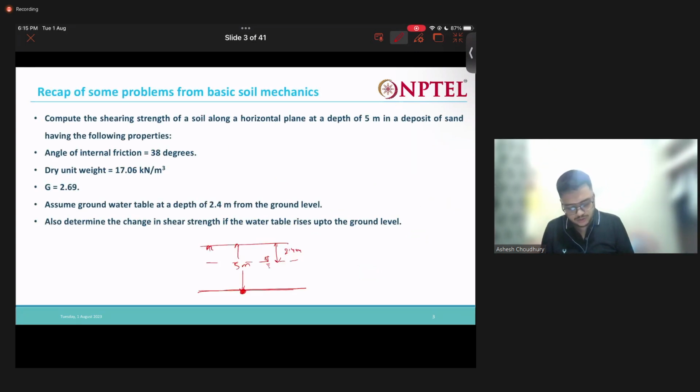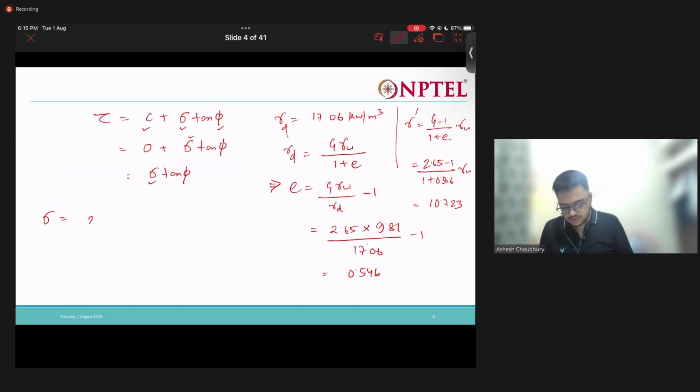It will be 2.4 into the dry unit weight of sand plus 5 minus 2.4 into the submerged unit weight of sand. This will come out as 68.2. So finally the shear strength comes out as 68.2 into tan 38 degrees, which is 53.76.